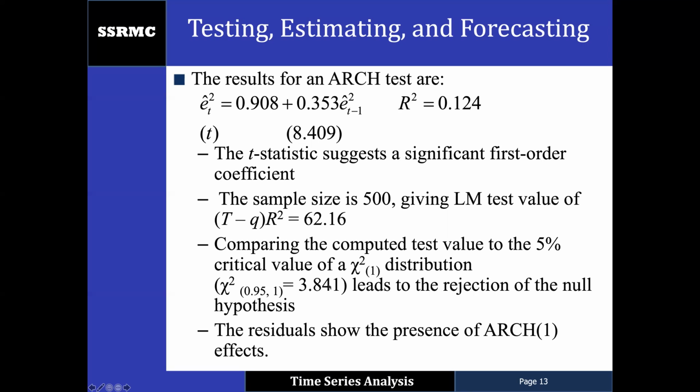So we reject the null hypothesis and conclude that we identified an ARCH effect, or ARCH(1) effect. This is the ARCH(1) model, by the way, because we only include a one-period lag term in the regression model. In practice, it's possible to test higher lags, and you can leave it to the software.